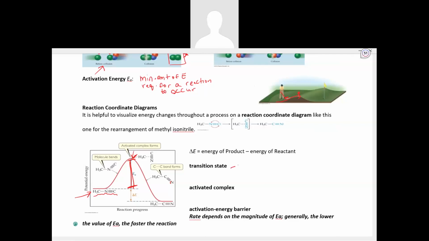So we can say that's the peak of our diagram here. And at that peak, we have what's called the activated complex. So this is the species that's present at the transition state.